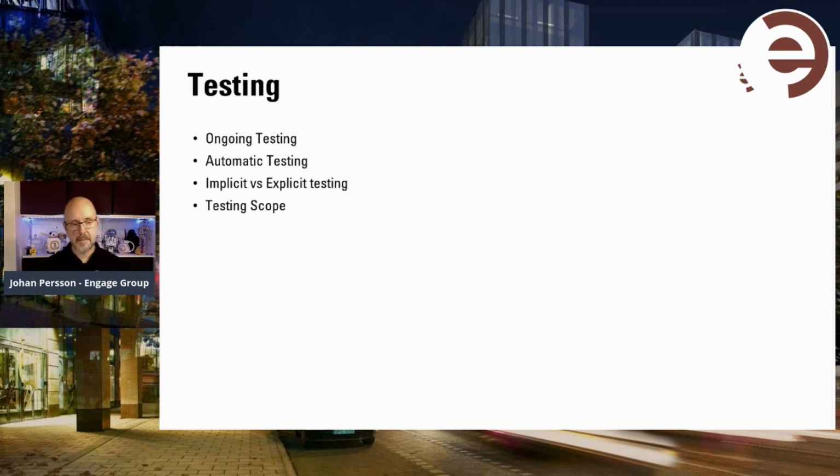When it comes to testing Microsoft's code, I tend to advocate for implicit testing rather than explicit testing. The last customer I was with, they said, so how should we actually test Microsoft's code? And I think the solution here is that we shouldn't.